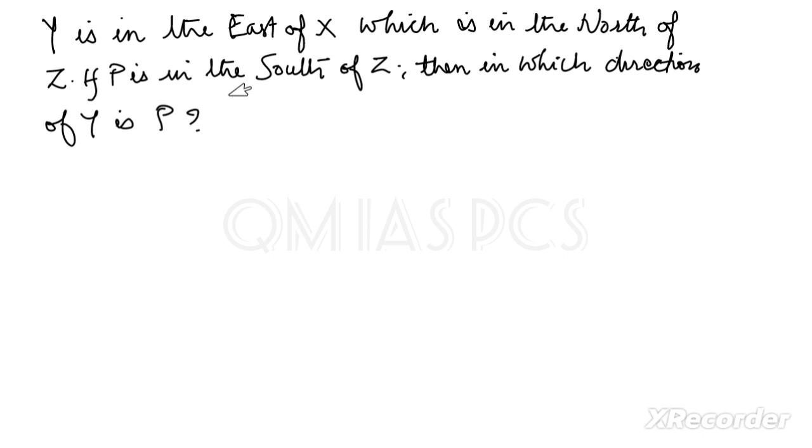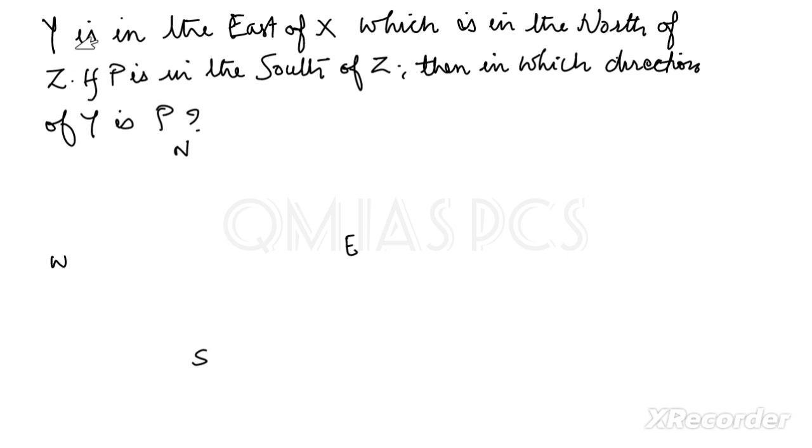So whenever the question is asking, whatever the question is, you have to draw the diagram, you have to draw the directions. So you have to write this is east, this is west, this is north, and this is south. Clear? No issue? Fine. Now whatever statement is given, you have to follow that one, okay.